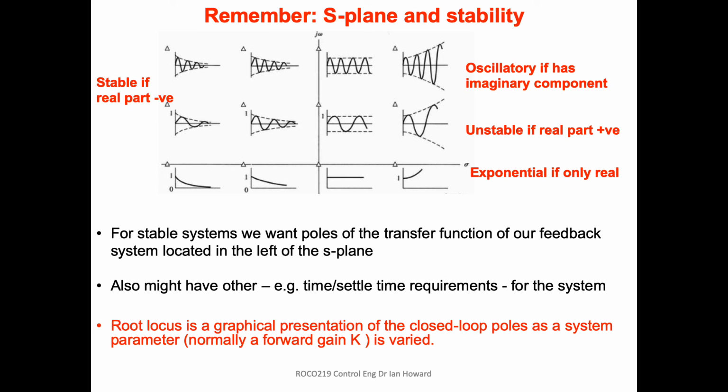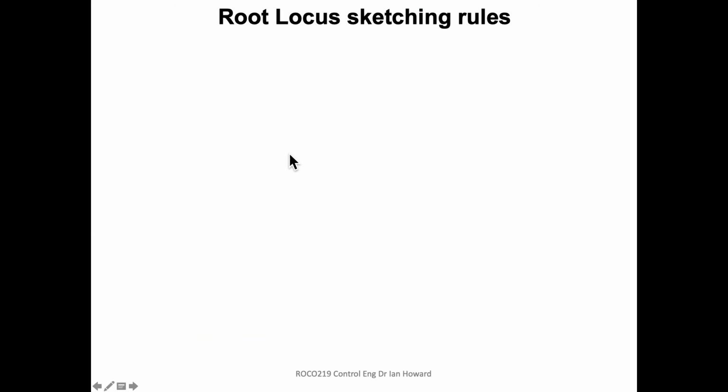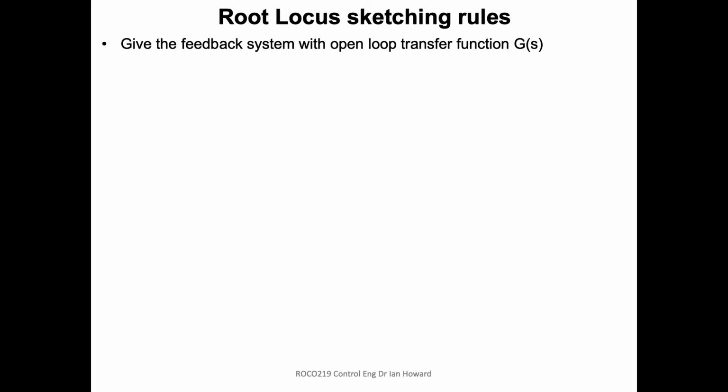And generally speaking, we can say, yes, we want the poles never to have a positive real part, and we want them to be in such a location that we're meeting requirements such as settle time or critical damping or something like that.